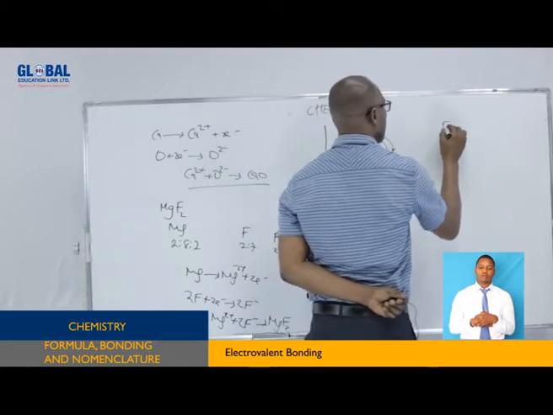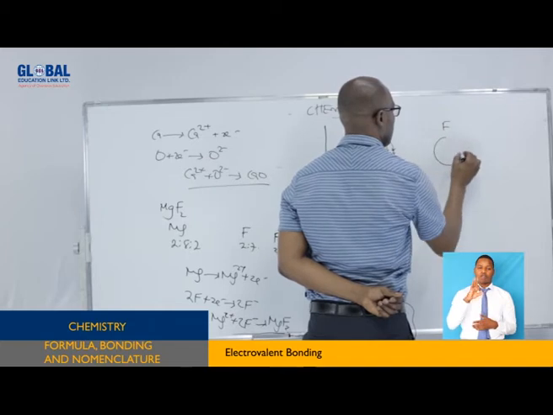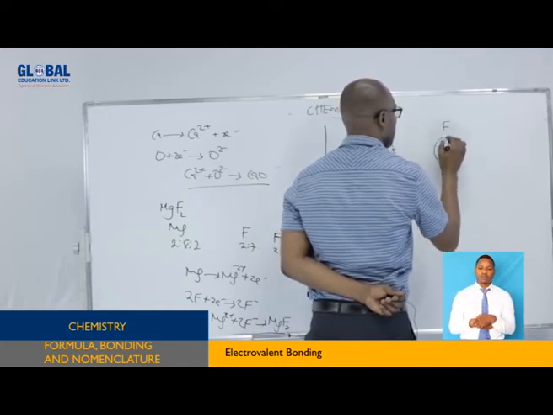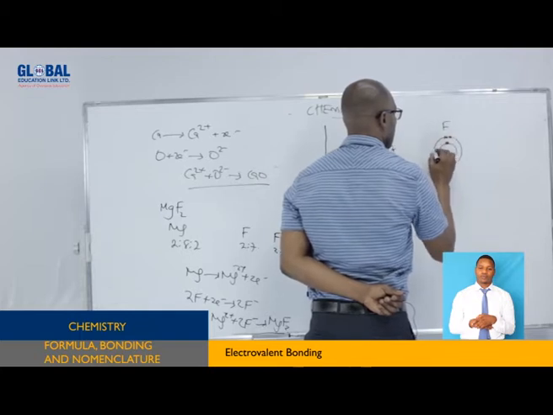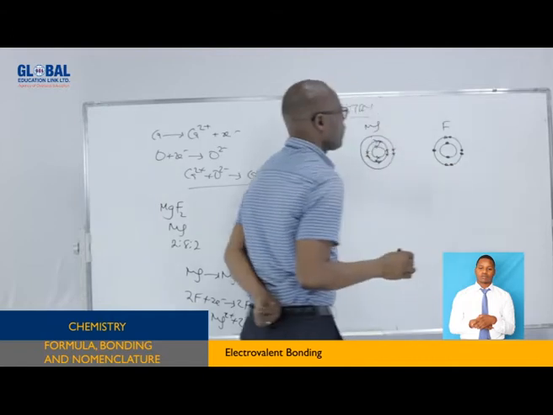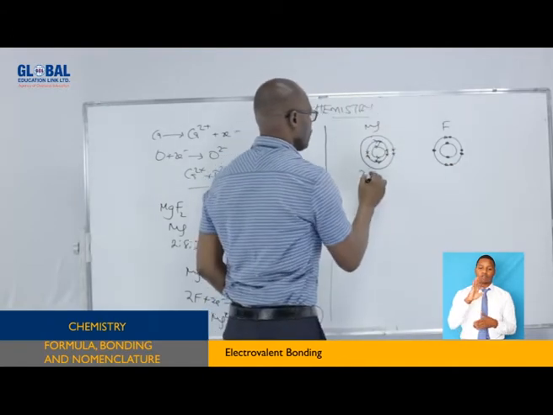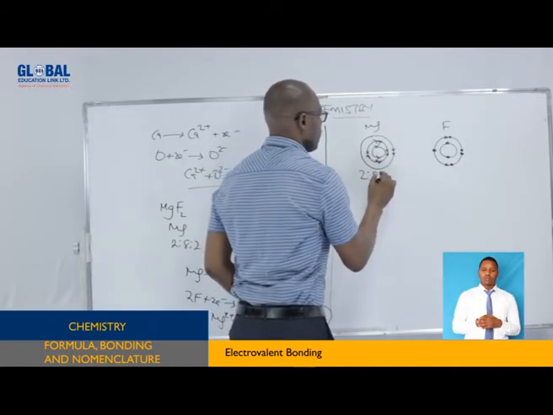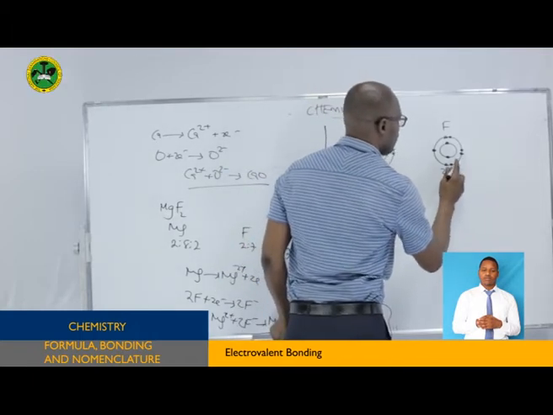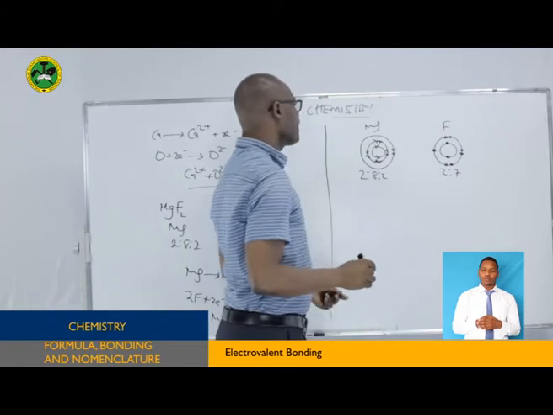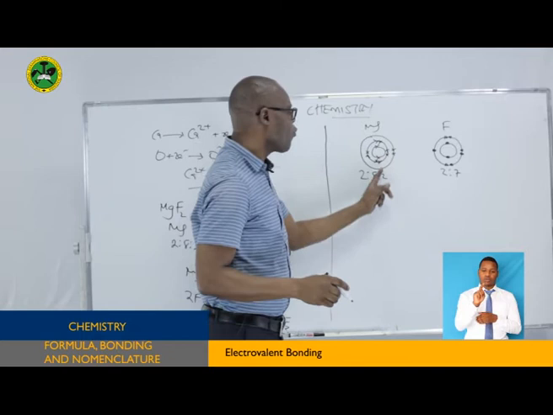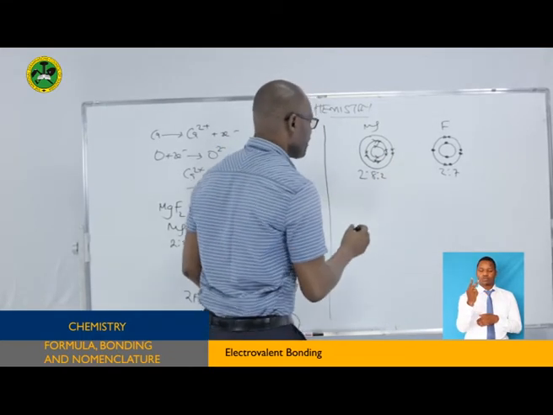And then fluorine, fluorine is 2, magnesium is 2, 8, 2, fluorine is 2, 7. Then magnesium will have to lose the 2 electrons to become magnesium ion.